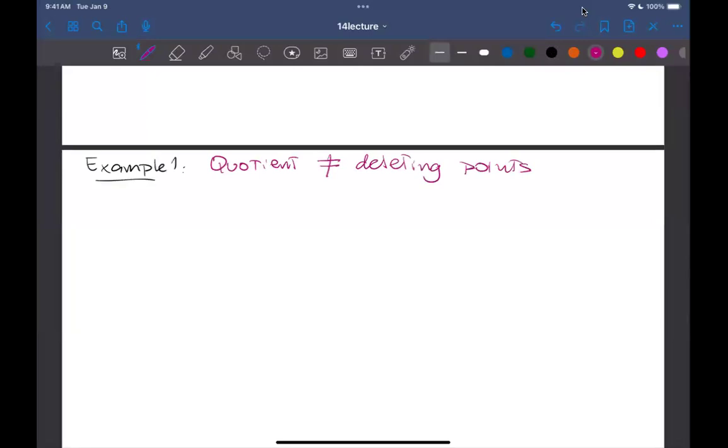I first want to start with something we saw some time before. This is an example from lecture 12. Let's take a set X, just the closed interval [0, 1] inside the real numbers with the induced topology, so a subspace.